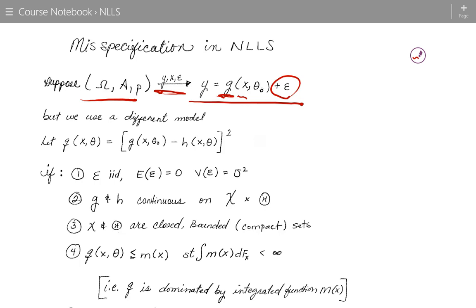The different model is that of h. And so let's define Q as the difference of g at x and theta naught, which is, say, the true actual mean, minus the function that we're considering, and take the difference squared.